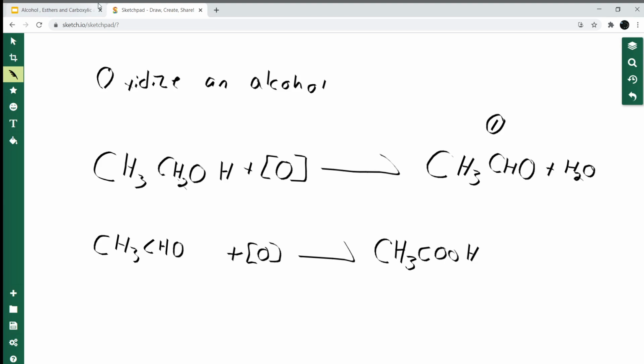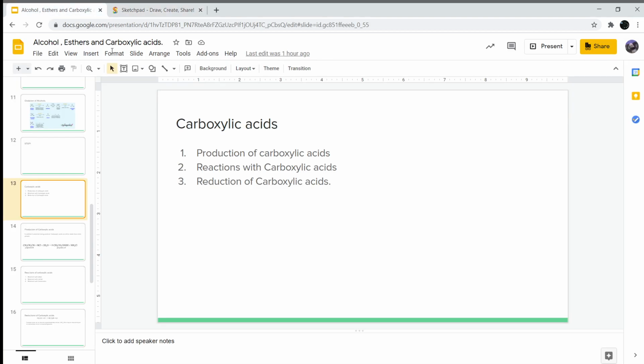That's the way that we've been making these in the past, and we can use either potassium dichromate or potassium permanganate. Both of these are oxidizers that we can use to oxidize our alcohols.